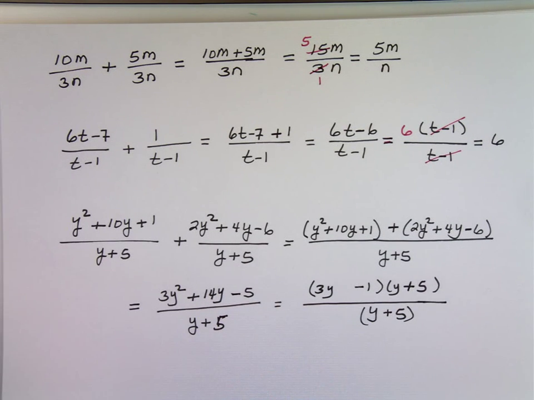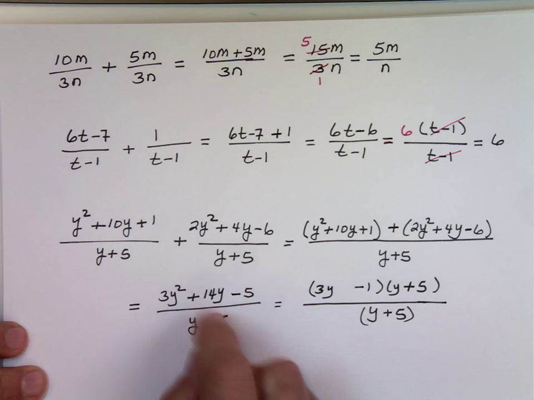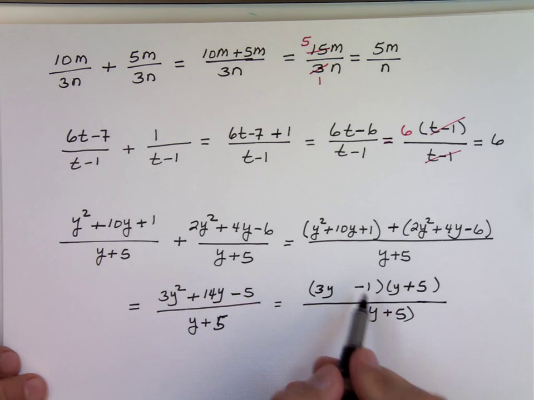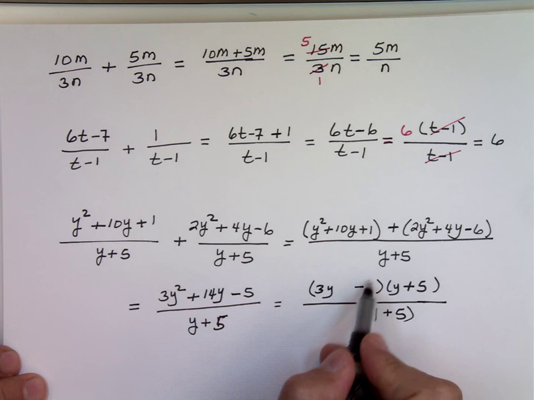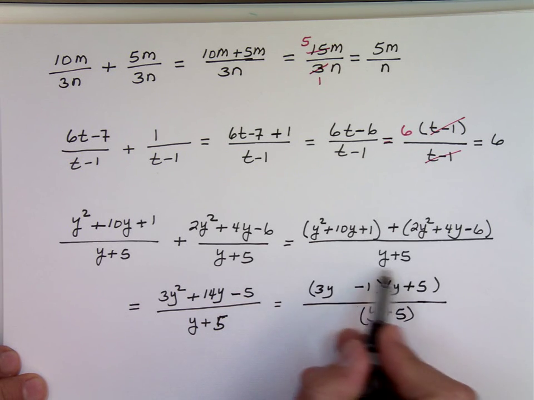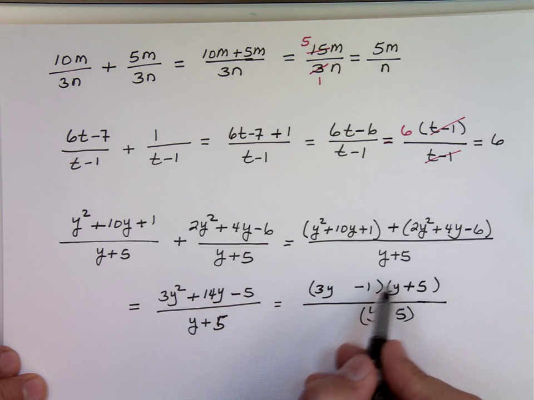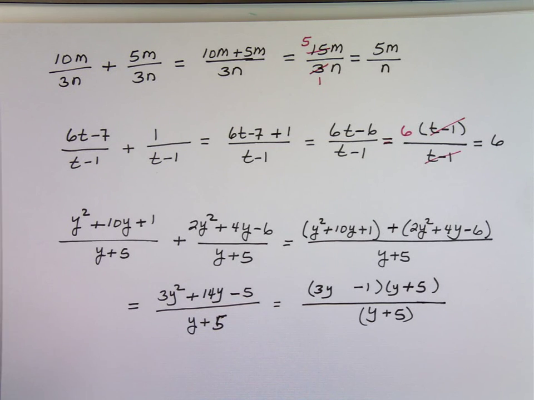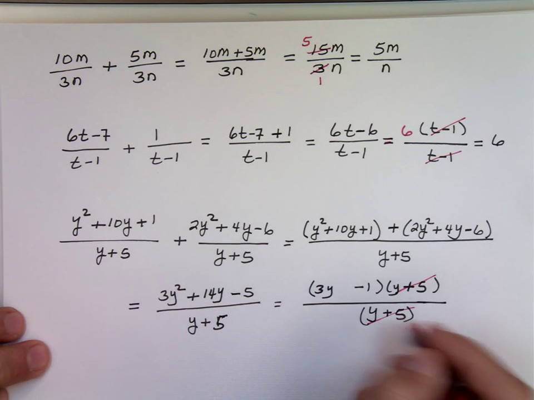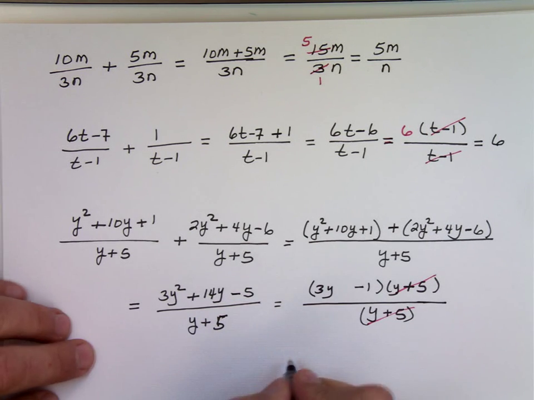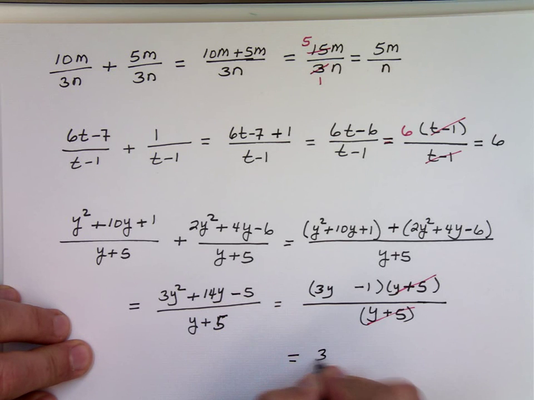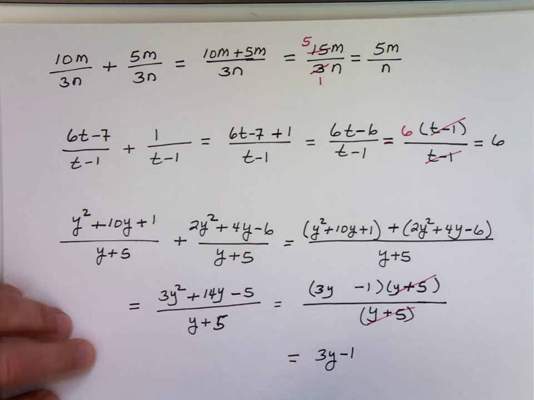That'll be the correct factoring. Well, before we get excited, let's make sure this is the correct factoring. What's minus 1 times y? Right here, that's a negative y. That's plus 15y. 15 minus 1 is 14. That is correct. So now the y plus 5 cancels the y plus 5. And my final answer is 3y minus 1.